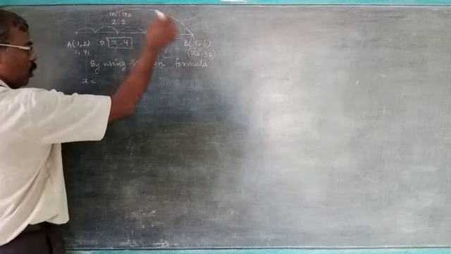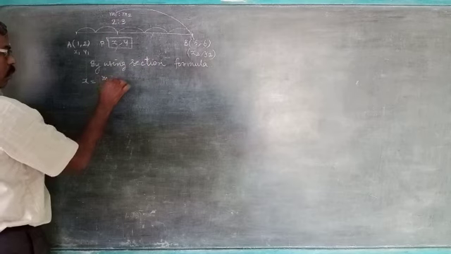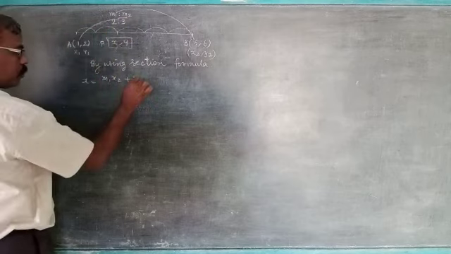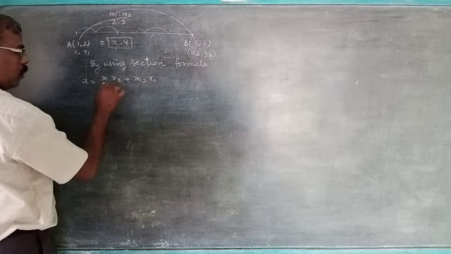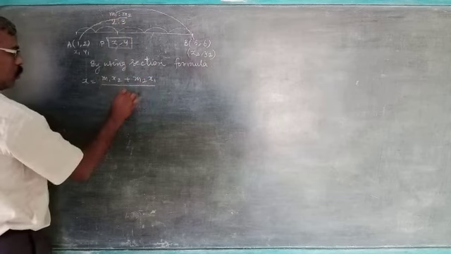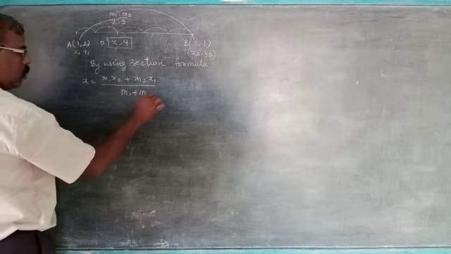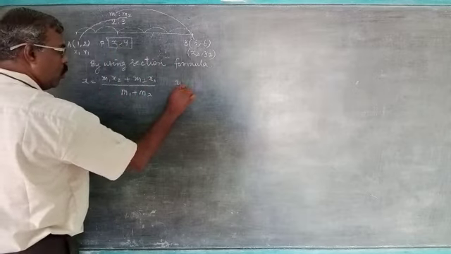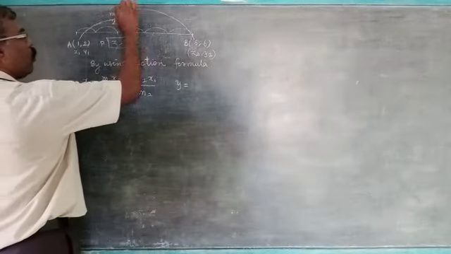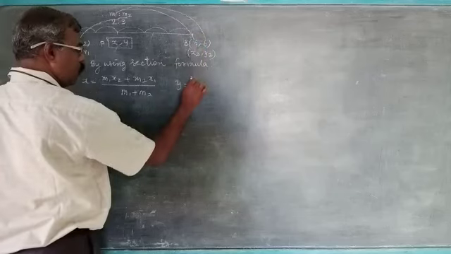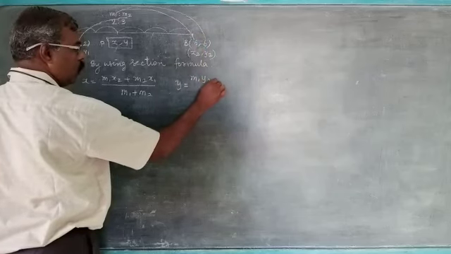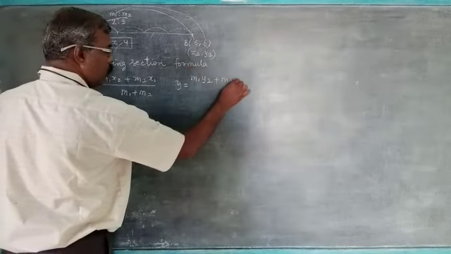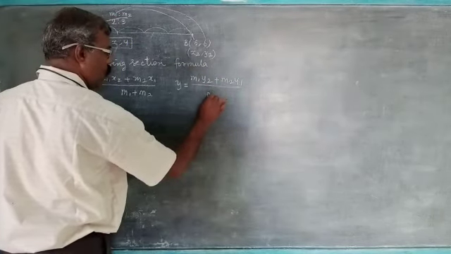That means m1 x2 plus m2 x1, divided by m1 plus m2. This is the way to find the coordinate of the x value. Similarly, the y value is equal to m1 y2 plus m2 y1, divided by m1 plus m2.